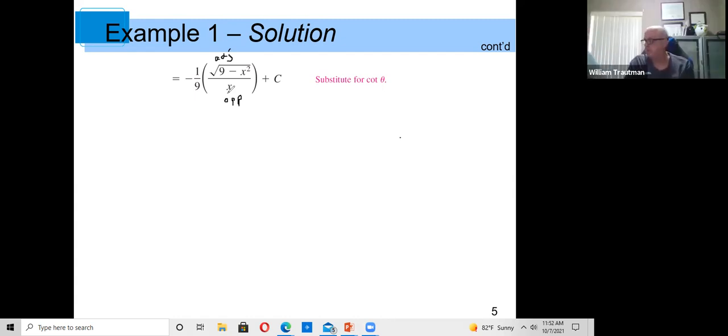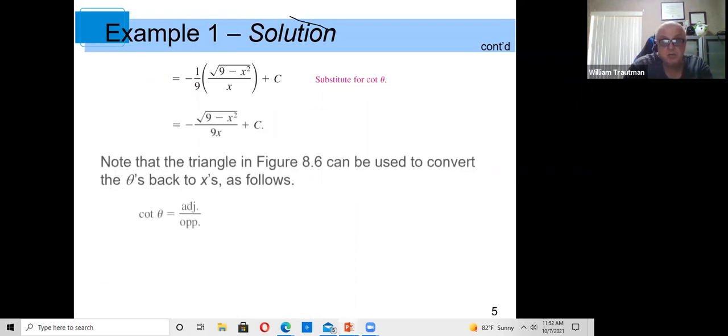If you're looking at that formula at first time, why did they even draw the triangle if they wrote all that stuff in? Because sometimes you have to go back, depending on what the trig function is, and actually figure out what the answer is going to be. And that's it. I think they might combine and put the 9 on the bottom.